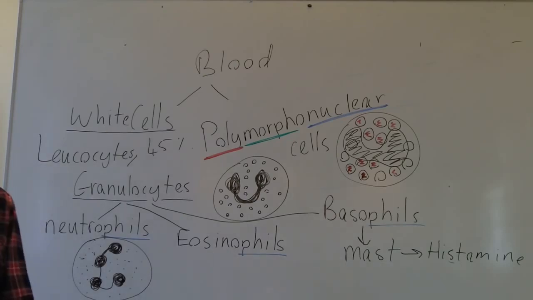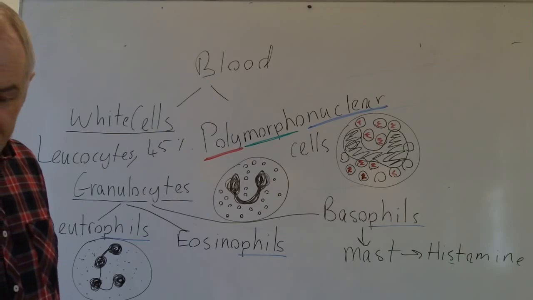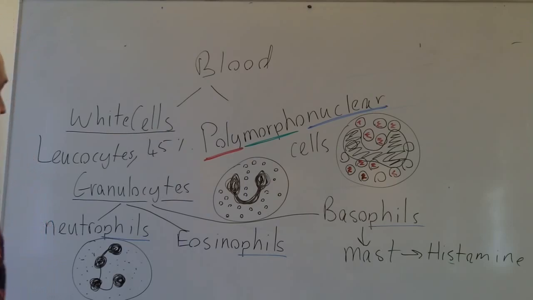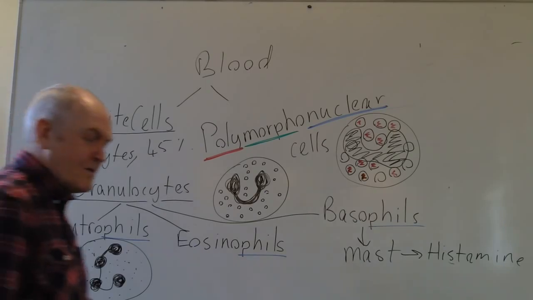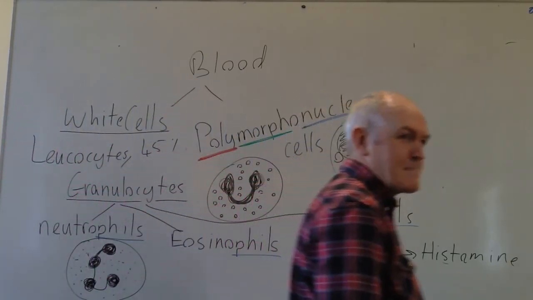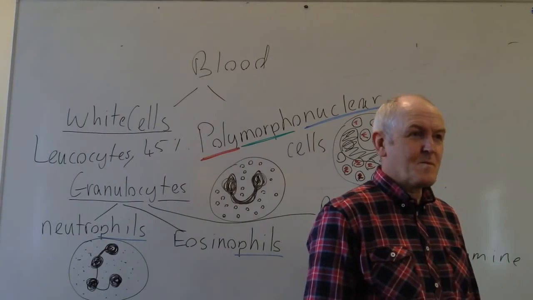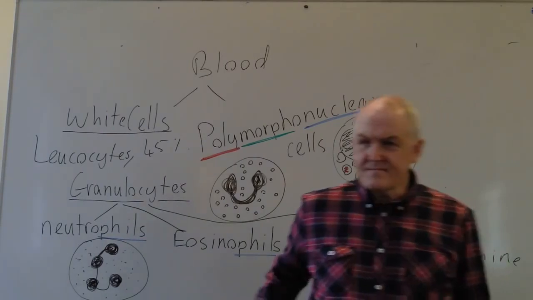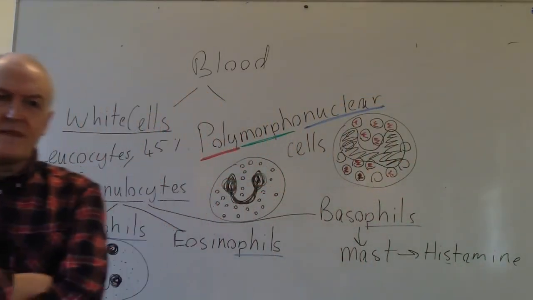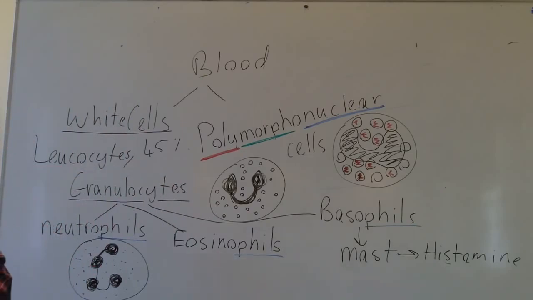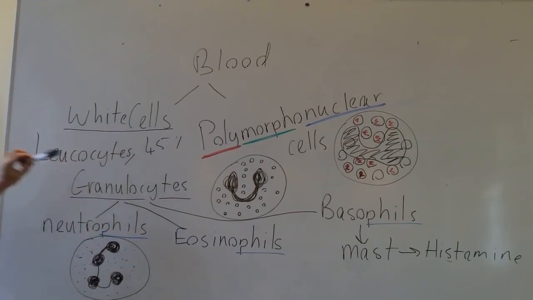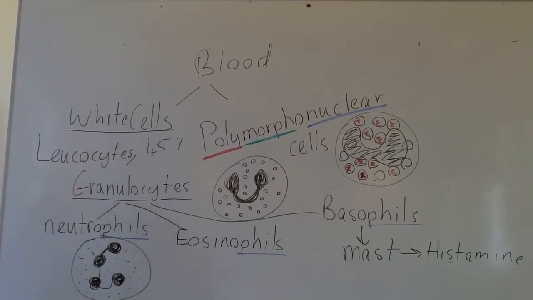So when people are talking about polymorphs, as they do, they're talking about granulocytic leukocytes. Polymorphonucleocytes. Once you've learned the names, it's not so bad. So white cells are leukocytes, granulocytes, neutrophils, eosinophils, basophils.